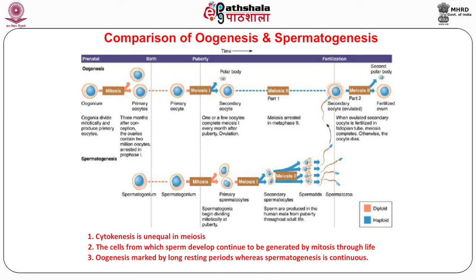However, spermatogenesis leads to the production of 4 haploid sperm which are all equal, whereas from one primary oocyte, only one mature oocyte is produced during oogenesis, because all the other 3 become polar bodies.